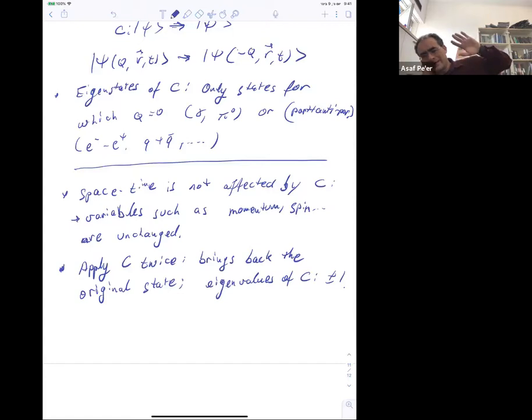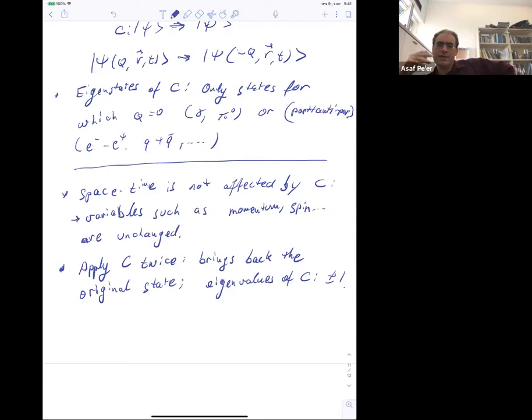Okay, let me take a step back because I feel that I lost at least half of you. A particle is a state. Now, the whole idea why I'm bothering with this goes back to what I said at the beginning of this lecture. We love symmetries in physics because symmetries are associated with conserved quantities. In particle physics, a symmetry, as we just showed in the example, can tell us whether a process can occur or cannot occur.